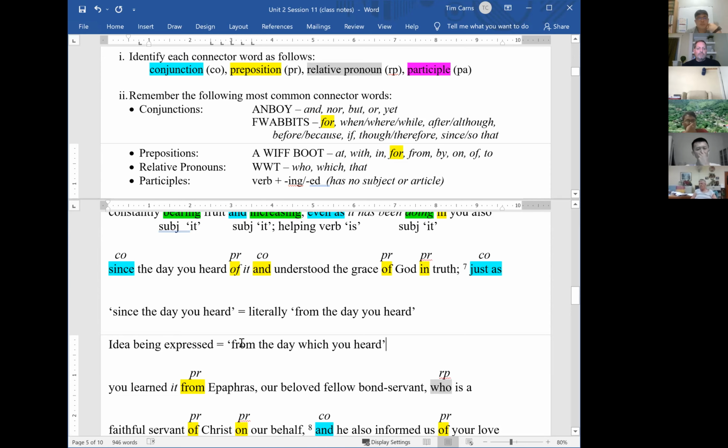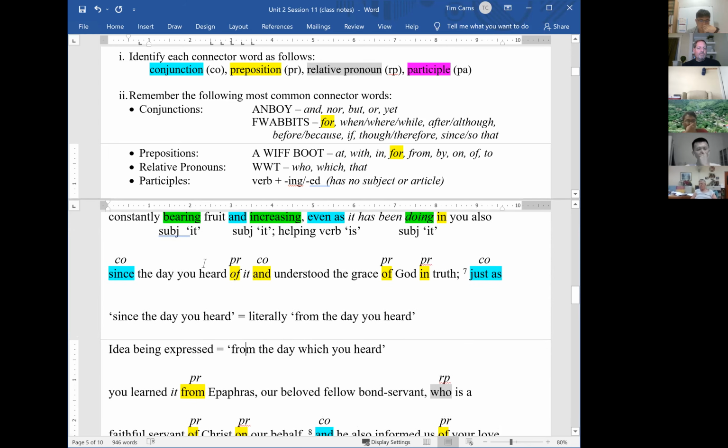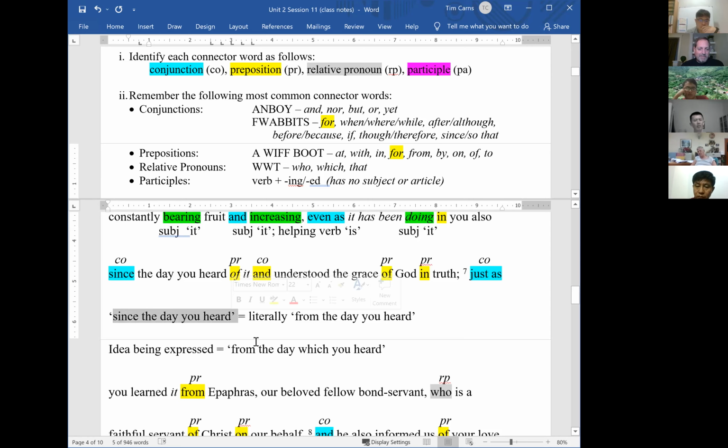So it's focused on the day, which day, the day which you heard. But that word which is not in the Greek text. So I think this is the idea being expressed in the original, but the English translation kind of made it a little more confusing.